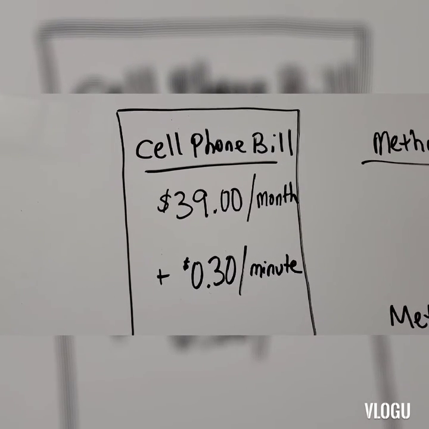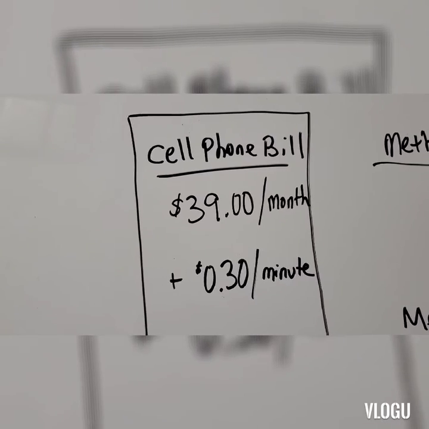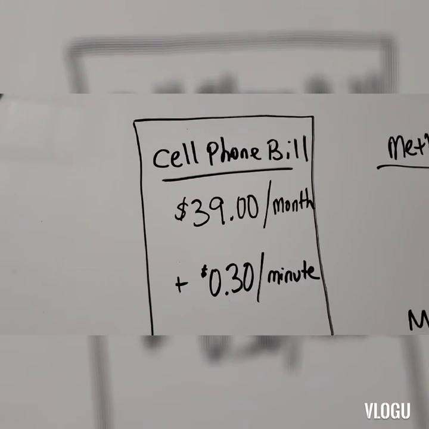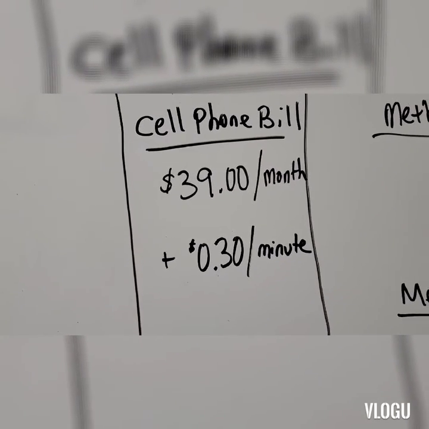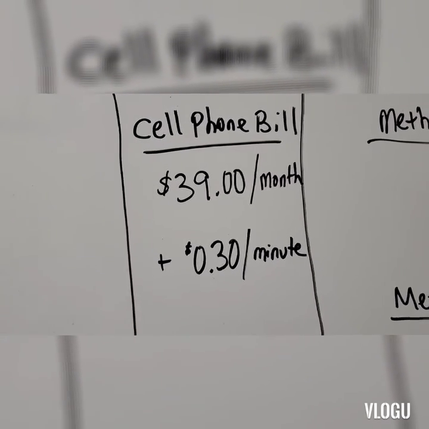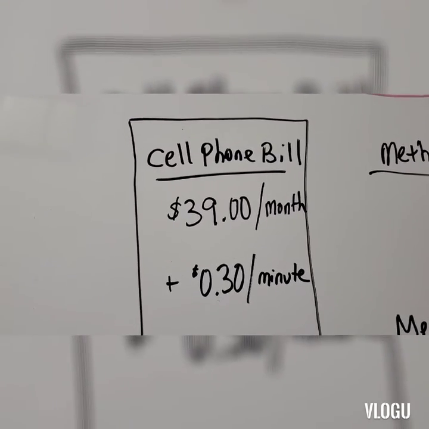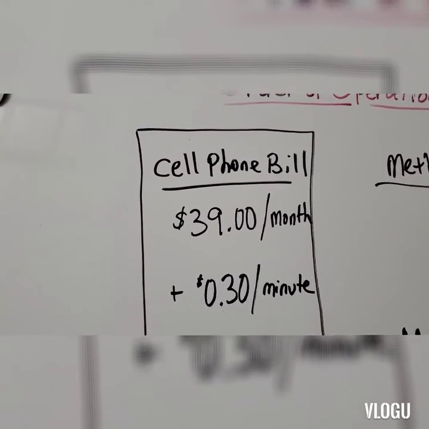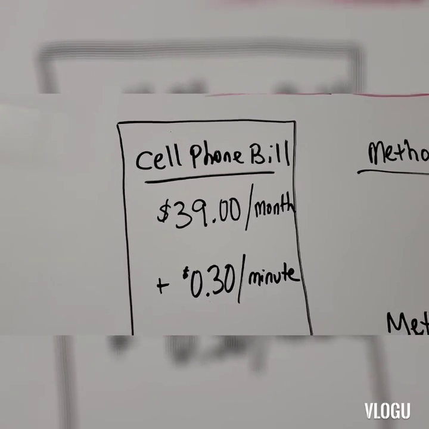We don't have to put that variable amount in. It could be 10 minutes. It could be 100 minutes. What matters is that we write an expression that contains the variable M for minutes.